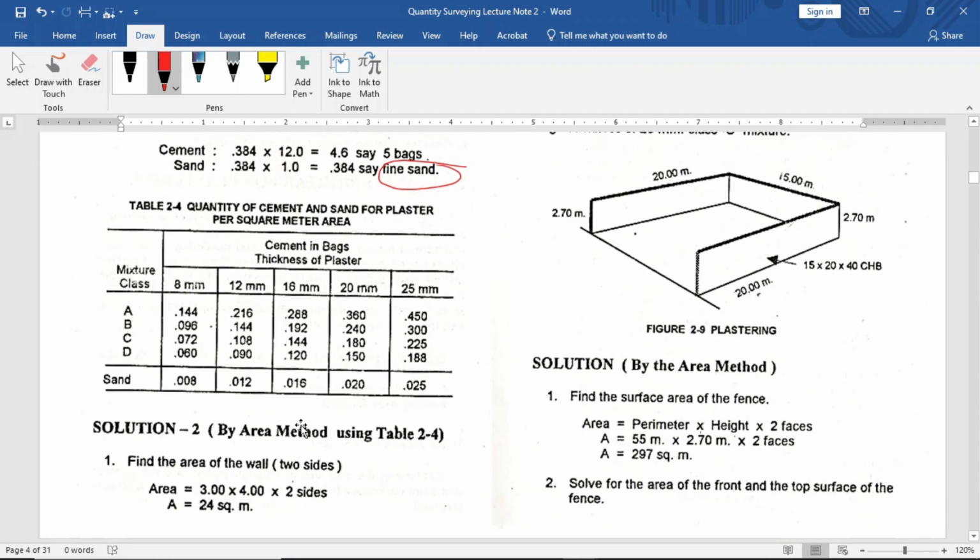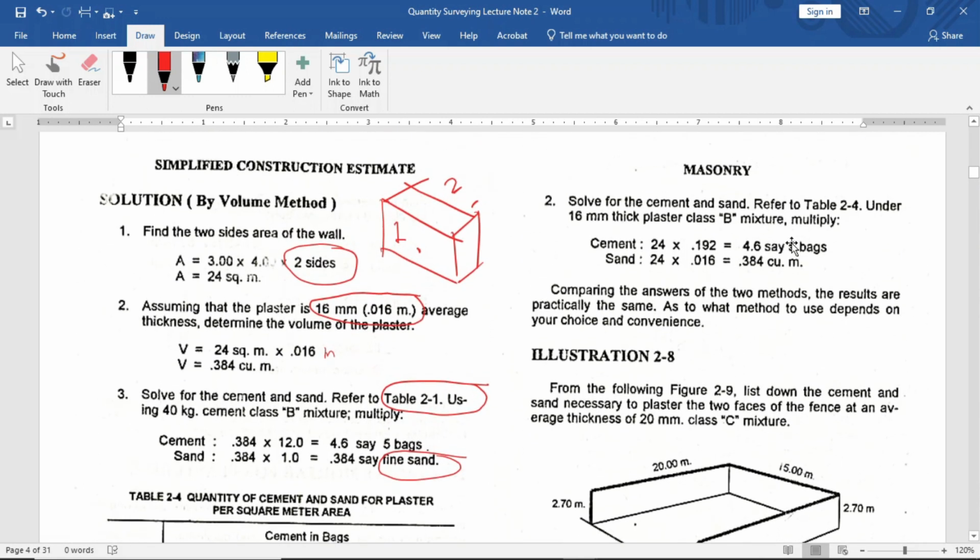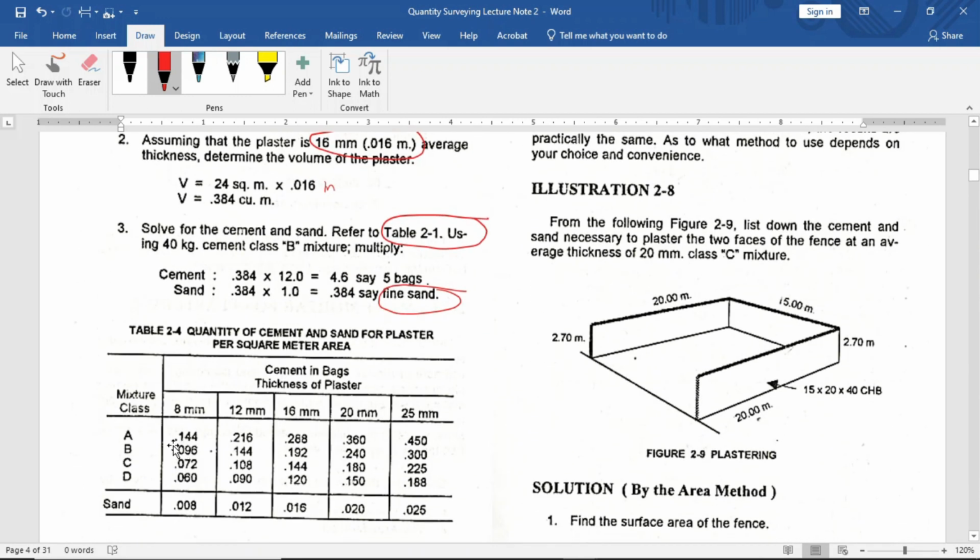So by area method, meron tayong ulit area yung gagamitin natin. Hanapin natin yung area ng two sides, 3 by 4 by 2, kasi two sides, 24 square meters. So, yan yung gagamitin natin. Class B, tingnan lang natin ulit dito. 16 mm daw yung gagamitin natin. So, class B, 16 mm, huwag kakalimutan, thickness of plaster natin.